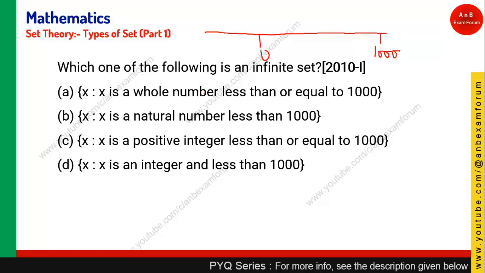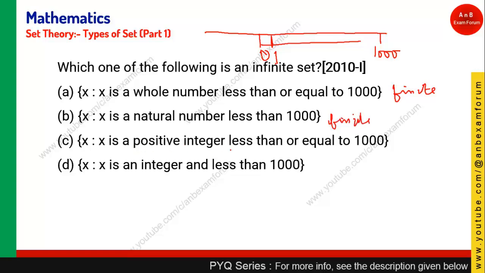So obviously whole numbers start from 0 till 1000, you can easily count. So this is a finite set, right? x is a natural number less than 1000. Again natural numbers start with 1 till 1000. Again you can count. So again this is a finite set.